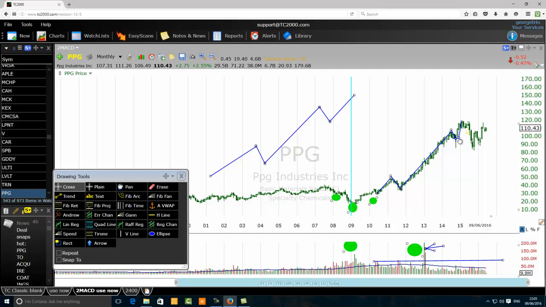If you compare the length of our fifth wave, which is just a tiny fifth wave here, to the first wave, you can see that it is shorter. A little bit shorter than the first wave, and the third wave is the longest wave. This is a typical normal wave analysis.